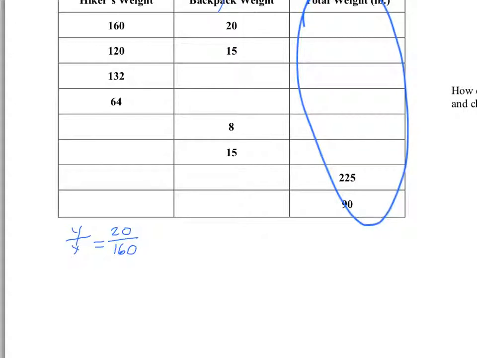Now I can see when I divide this out that this is definitely going to be less than a whole. I could turn this into a decimal if I really wanted to, but for this case it's actually easier to use this equation if I just simplify this fraction. So I'm going to start by dividing by 10 over 10. That knocks off those extra zeros, gives me 2 over 16. Then I notice I can divide by 2 over 2, and that gives me 1/8.